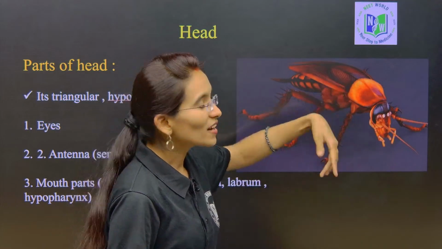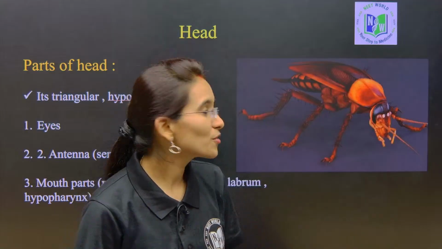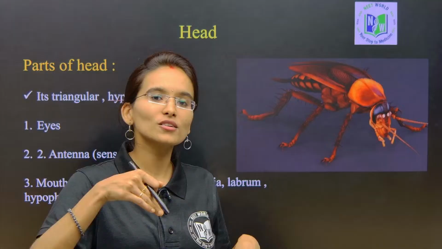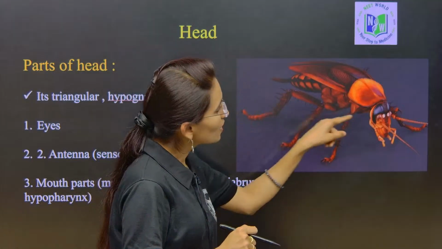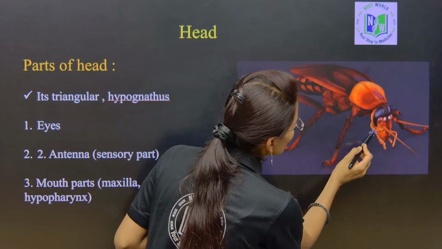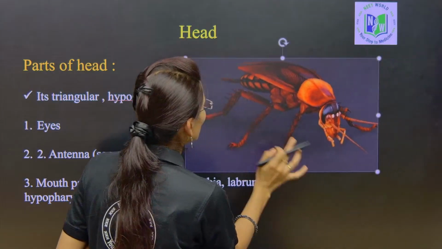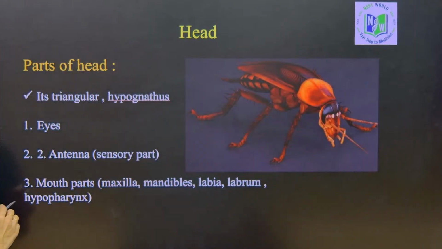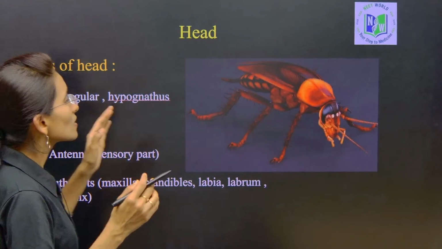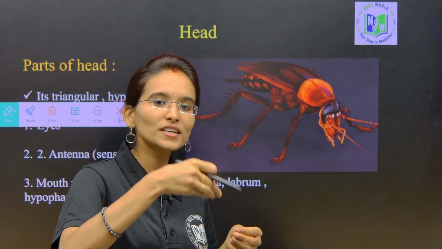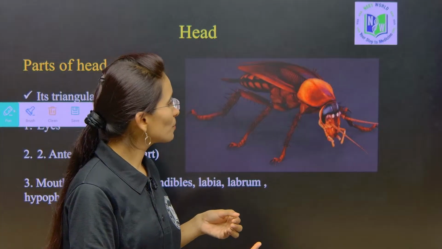See here, why is the head of the cockroach called hypognathus? Because it hangs downwards. The head of the cockroach is placed downwards, where all the mouth parts, we can see here, this mandible. Can you see the screen properly? It is called hypognathus because the head is completely hanging and directed in a downward position.